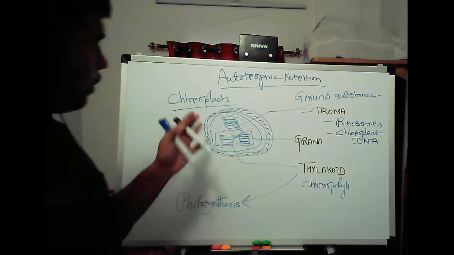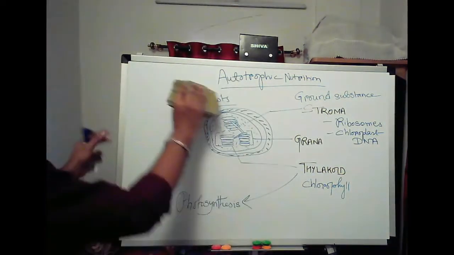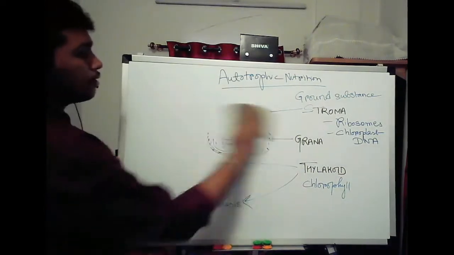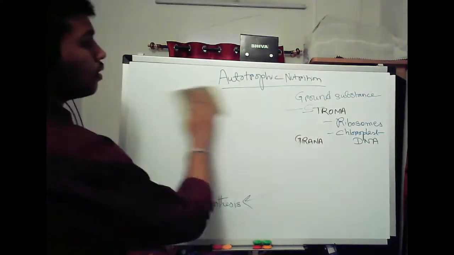Now, where are these chloroplasts present? These are minute dot-like structures on the plant cells. As discussed earlier, the chloroplasts are minute dot-like structures.